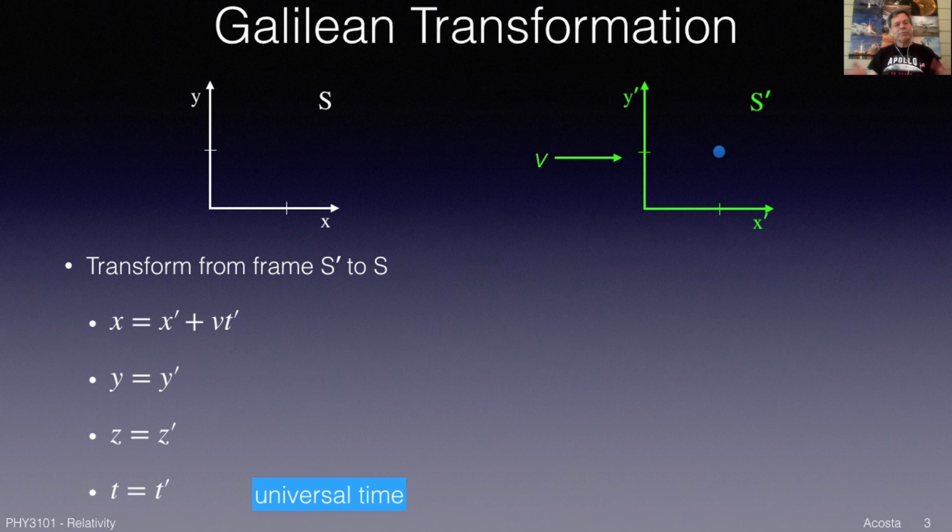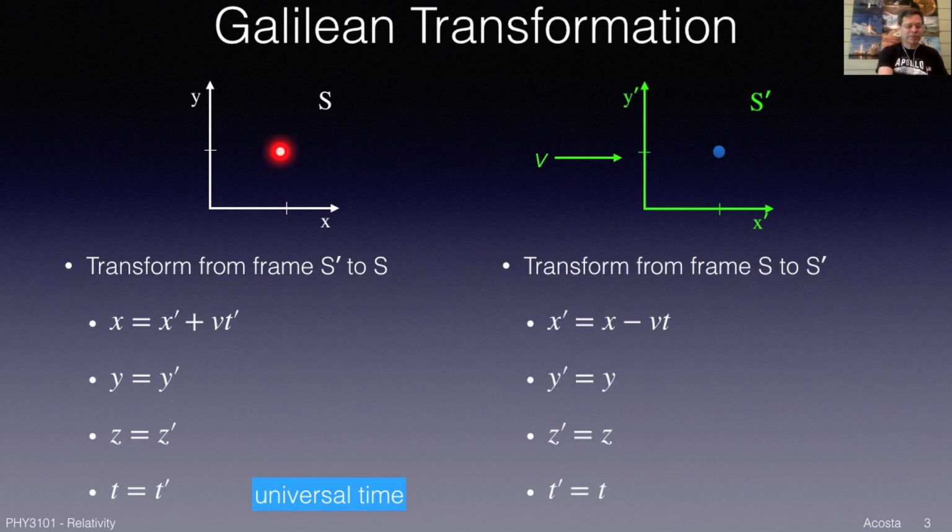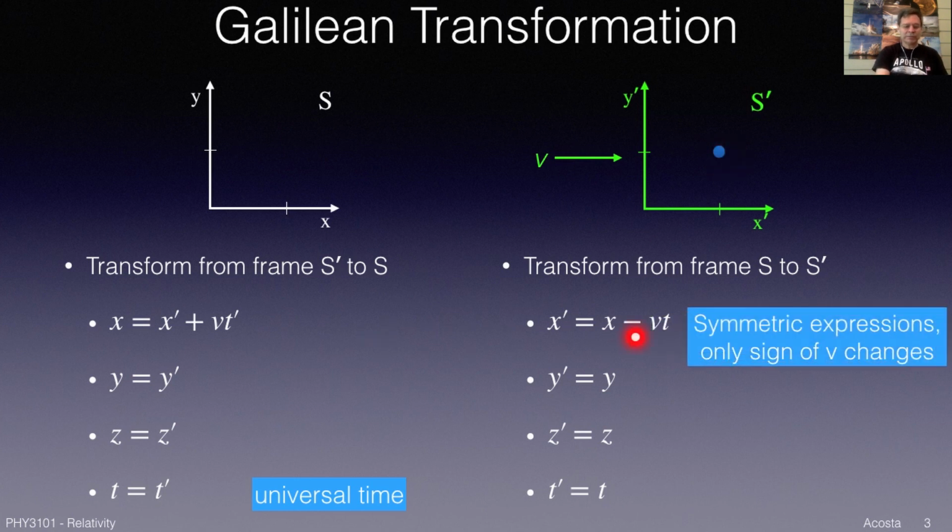Okay, what if you want to go the other way around? This was transforming from a coordinate in this green frame S prime to a coordinate in frame S, and we saw in the x direction we had to add velocity times time to the position to get the position in frame S. What about the other way around? What if I had a coordinate in frame S and I want to get it in S prime? Well, all you really need to do is subtract instead of add velocity times time.